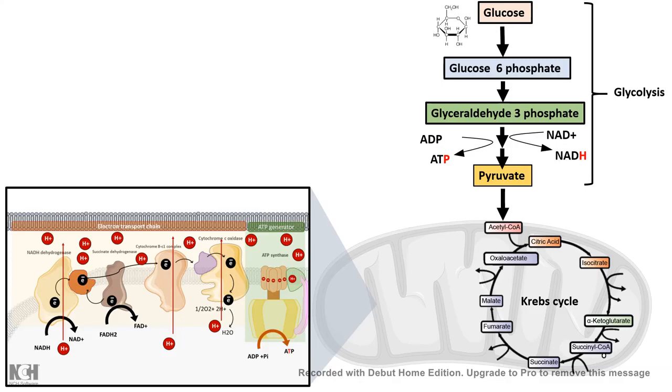So this whole process of using glucose and channeling it into glycolysis, Krebs cycle, and electron transport system ensures that we have enough amount of ATP for other metabolic and biological processes inside a cell.